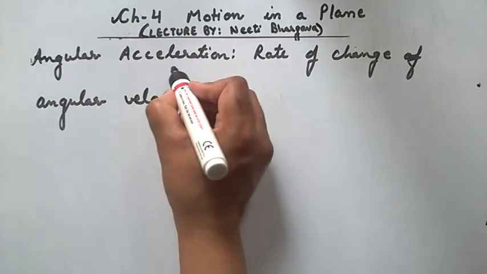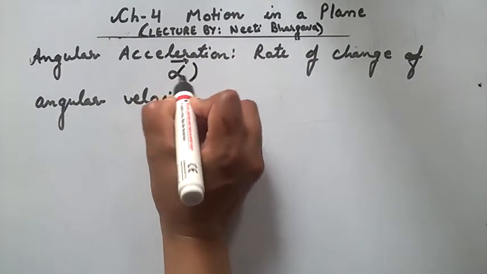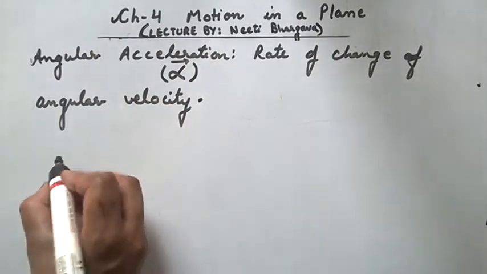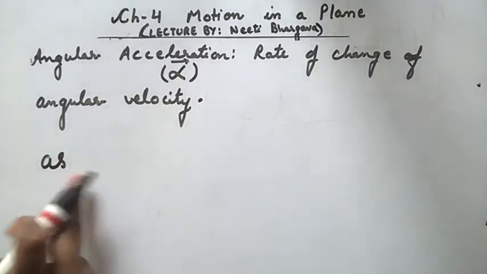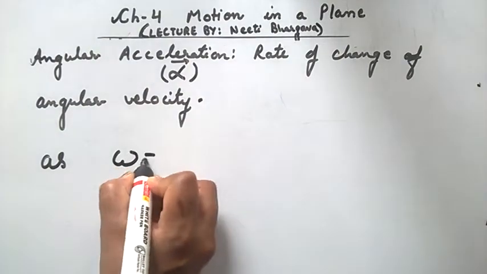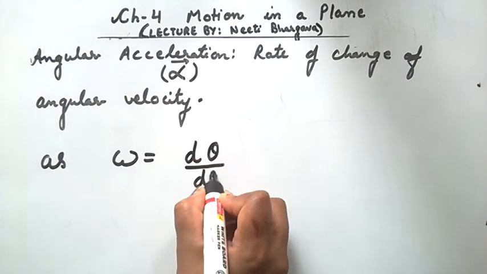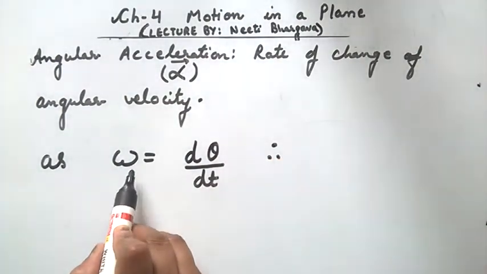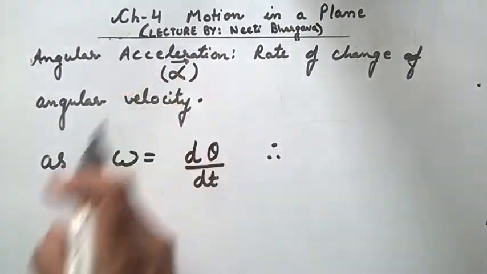It's a vector quantity and it is denoted by alpha. Now, to find its value, let's recall that angular velocity is given as rate of change of angular displacement. Therefore, change in angular velocity with change in time is known as angular acceleration.